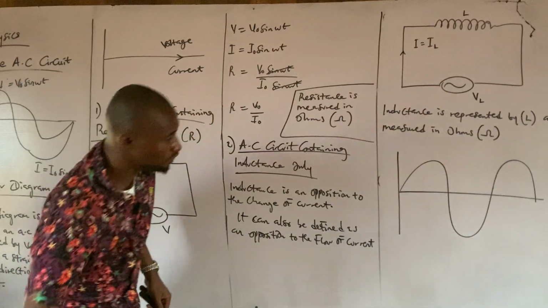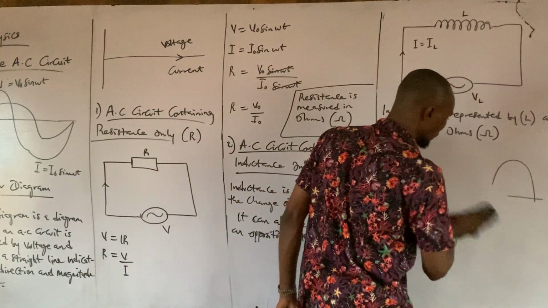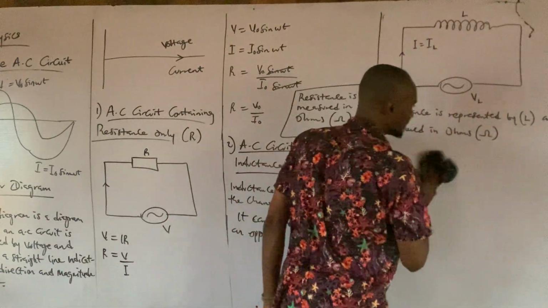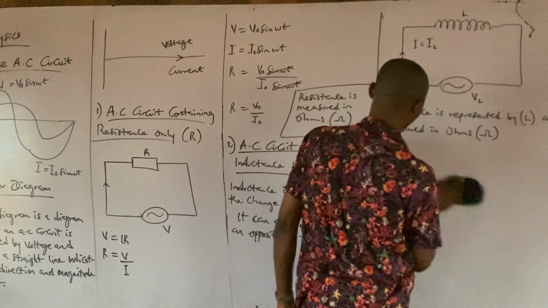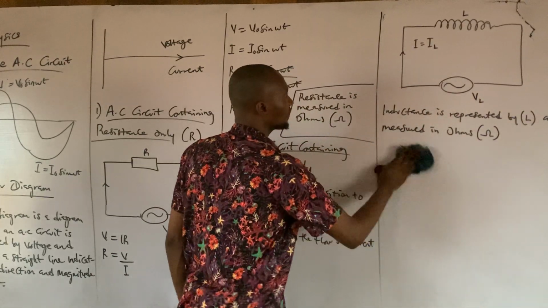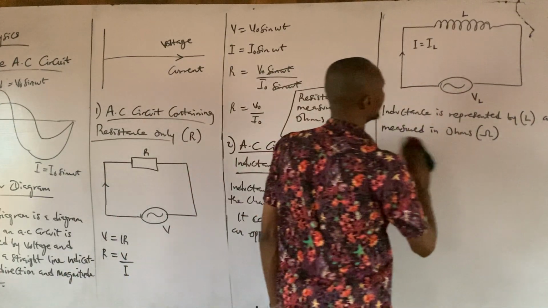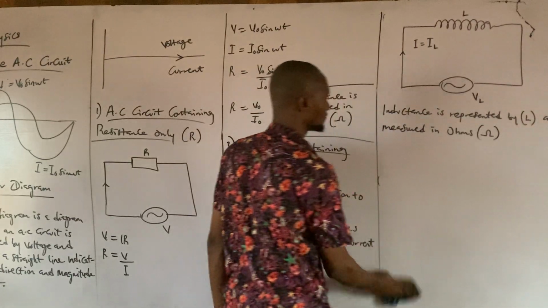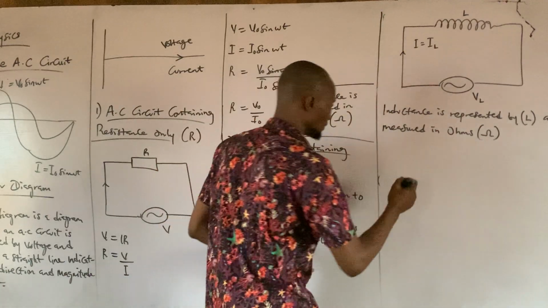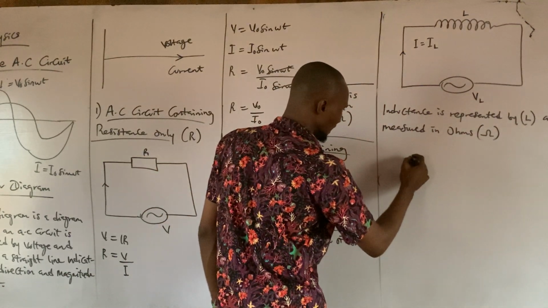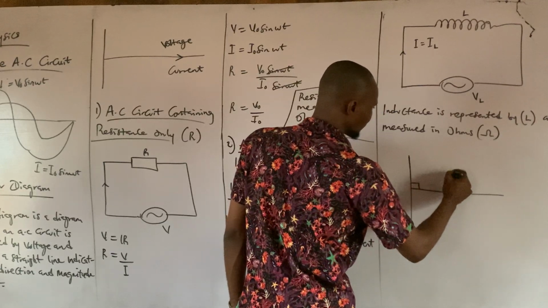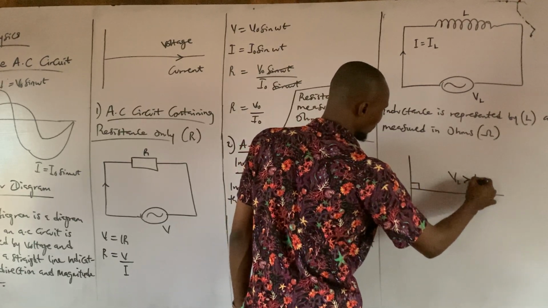Now, the diagram here, but before this, let me give you the phasor diagram first. It's very important. And if you have something like this, you can say that VL is greater than IL.